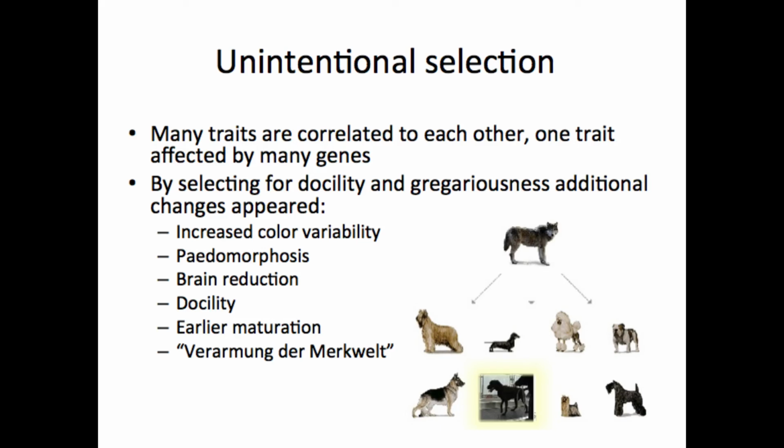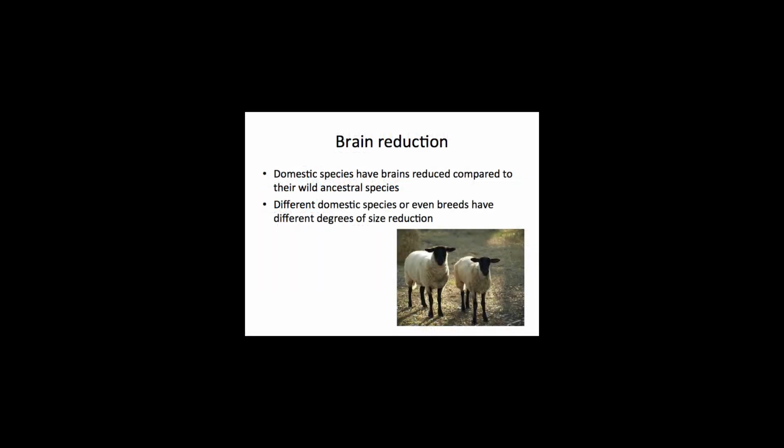Their ears begin to droop, the tails begin to curl up. We begin to see a reduction in brain size, and we see this other process, carryover of juvenile traits into adulthood. But all domestic animals have smaller brains than their wild counterparts.